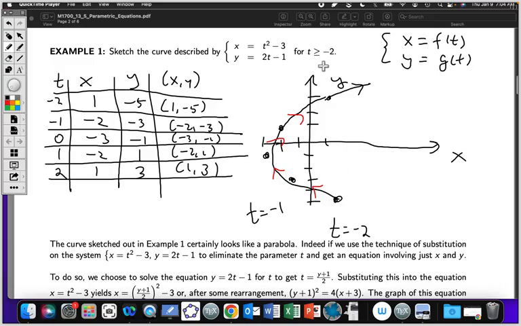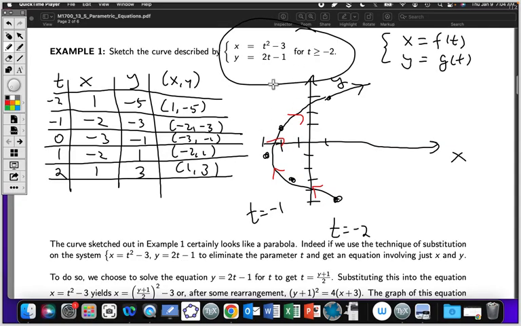Now, this certainly looks like part of a parabola, and you can kind of see that happening here. So once again, the parametric equations are a system of equations. The t connects the x and the y because it's the same t in both.